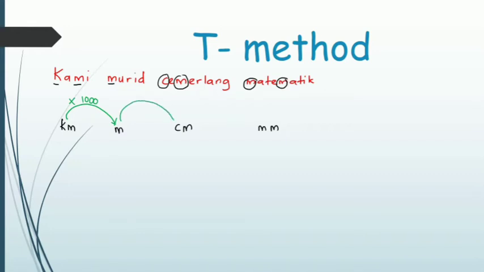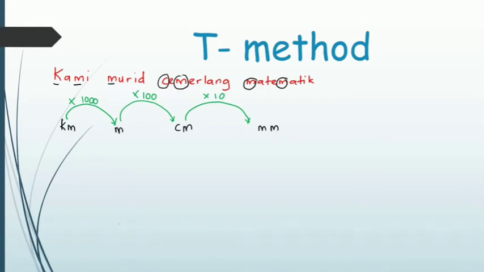And what about centimeter and millimeter? Yes, absolutely. From centimeter to millimeter, we are going to times with 10. Because 1 kilometer is equal to 1000 meter.